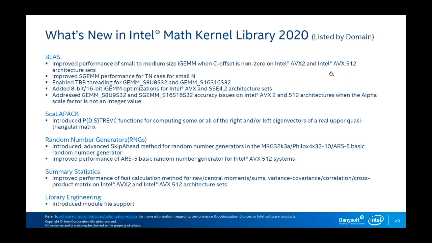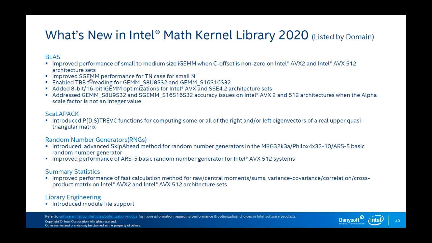Well, what is relatively new in this MKL library in 2020? The BLAS performance is improved for matrix multiplication using integers, taking into account the use of vector capabilities such as AVX2 or AVX-512. Also, the performance of matrix multiplication with single precision is improved when the number of elements is relatively small.